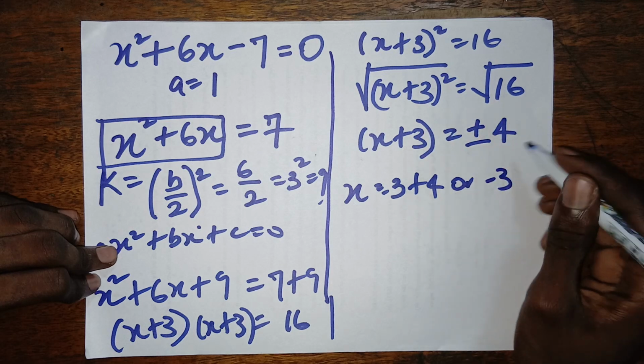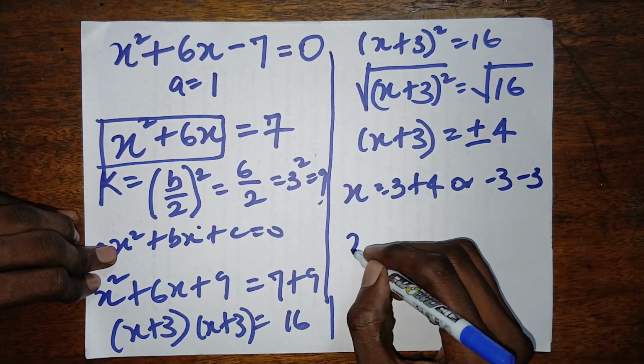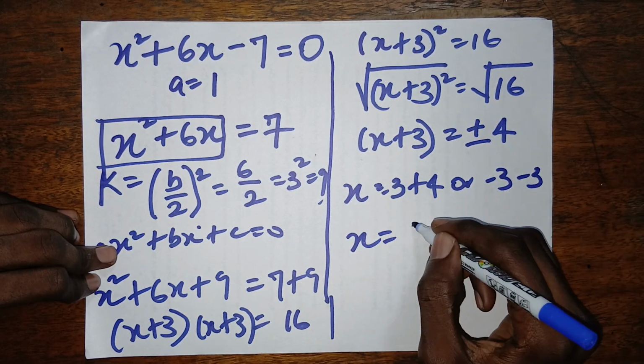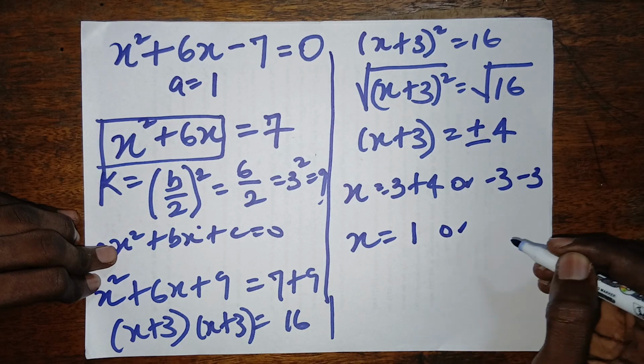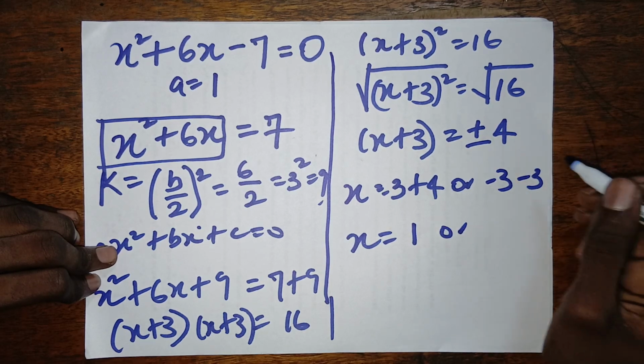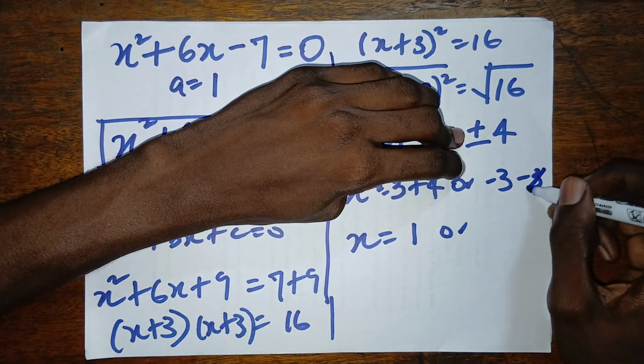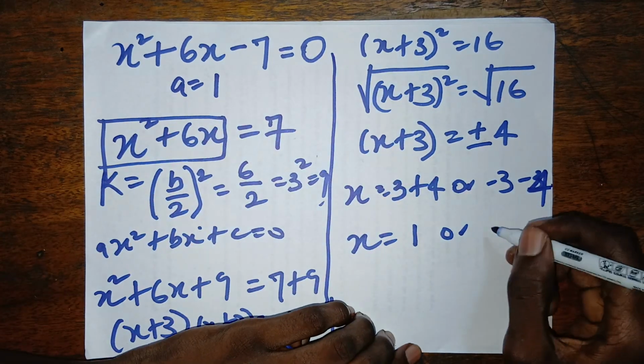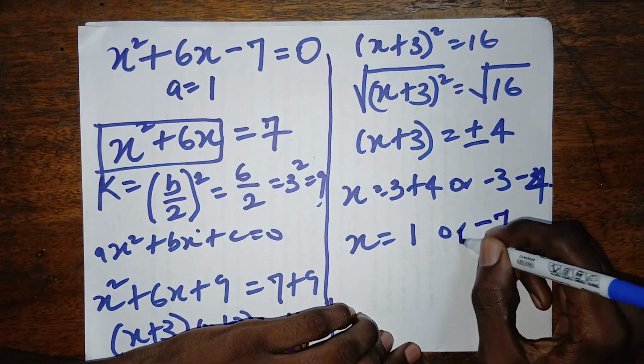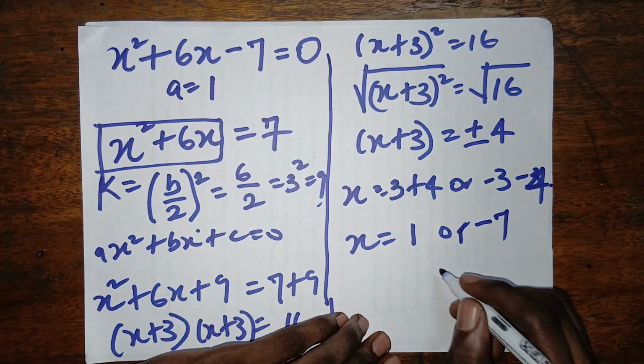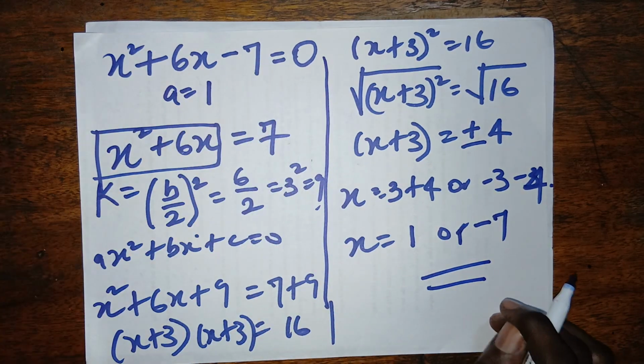This goes to the other side, so x equals 1, or, sorry, this should be minus 4, so this gives minus 7. So these are the solutions where a is equal to 1.